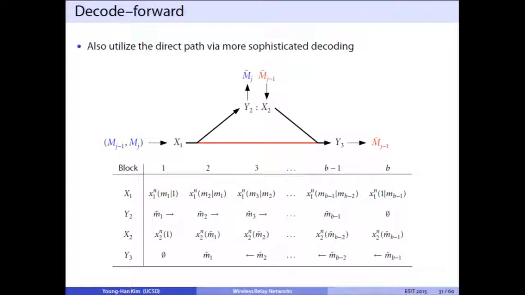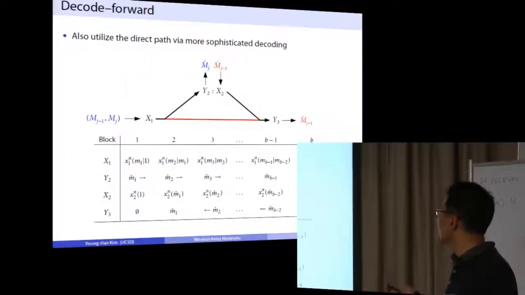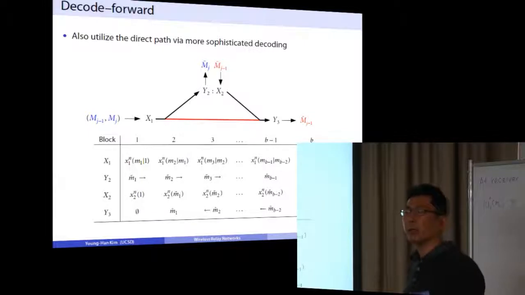And this particular coding scheme we use is backward decoding, which goes back to Franz and Ed. There are many other coding schemes which in effect achieve the same region. The original coding scheme by Cover and El Gamal uses random binning at the relay and list decoding at the receiver, which is not very easy to implement.